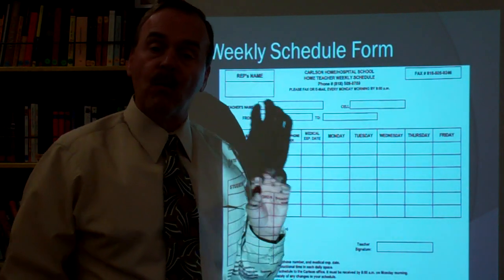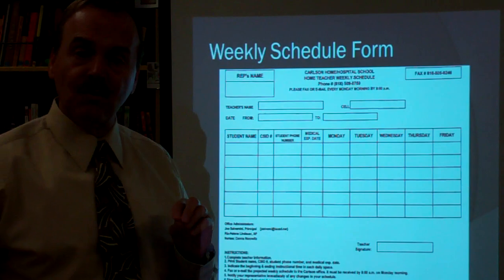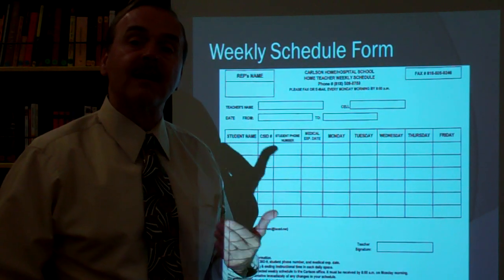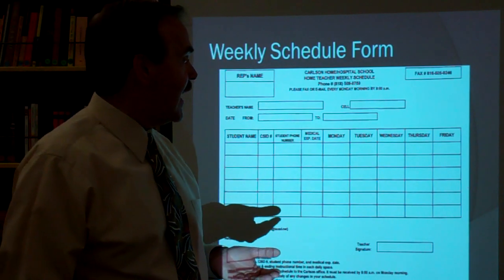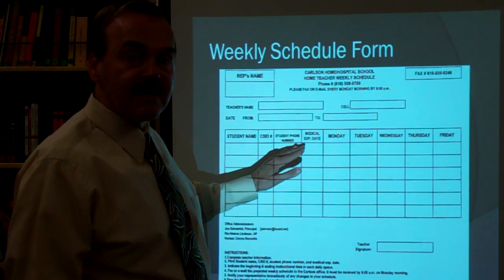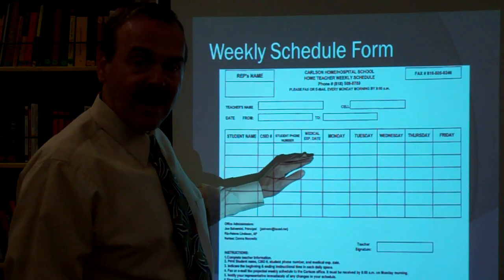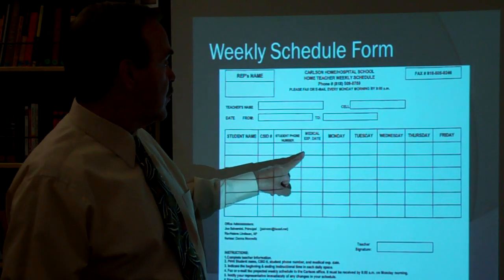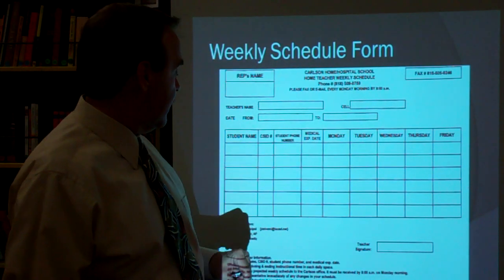Write those times down. One of the reasons why I have you write these times down is because the administrators also go out and observe you. I want to know where you're going to be and what time you're going to be there, so you'll need to make sure that you put the times in.